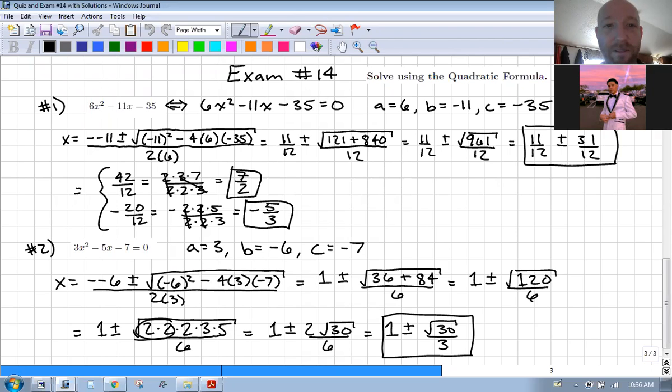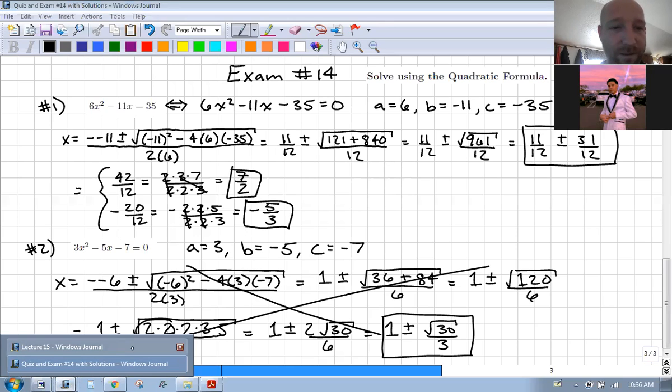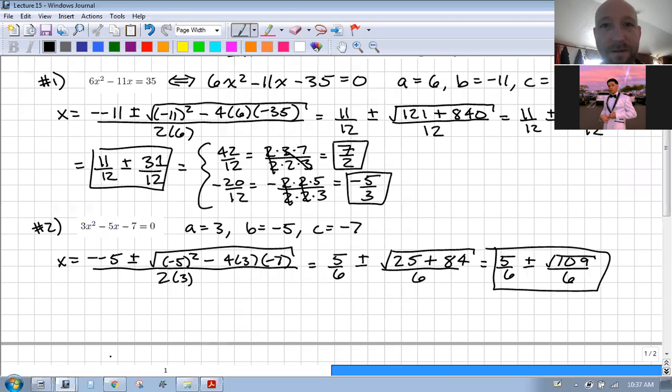B squared 6. Oh, I have the wrong B here. Look at that. B is 5, not 6. So I'm gonna have to fix this. Okay. I'll do that while y'all take y'all's quiz.